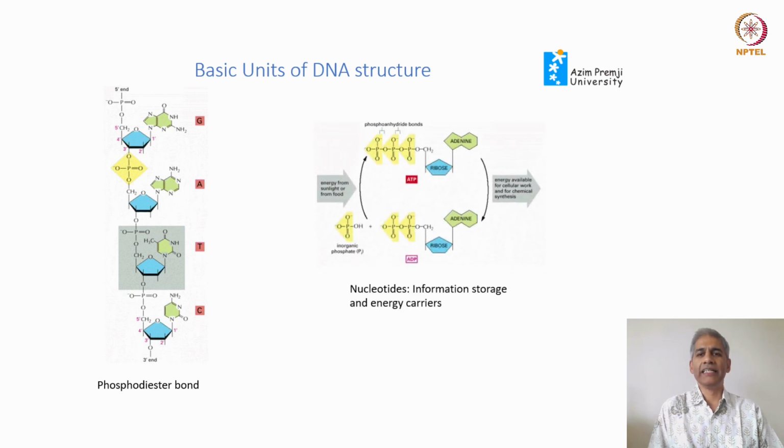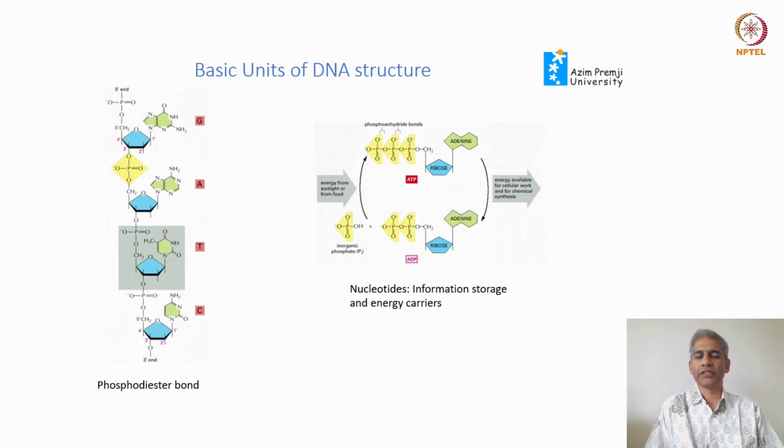If you look at the individual units of a nucleic acid, they are made up of nucleotides, and nucleotides have two functions. One is that they form DNA and RNA, so you can say that they are information storage molecules, since the sequence of the nucleotides is used to make up our genes, and then from there we build up proteins.